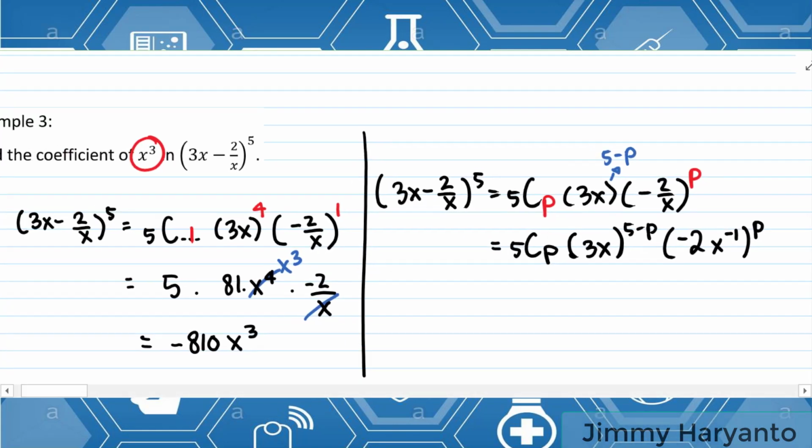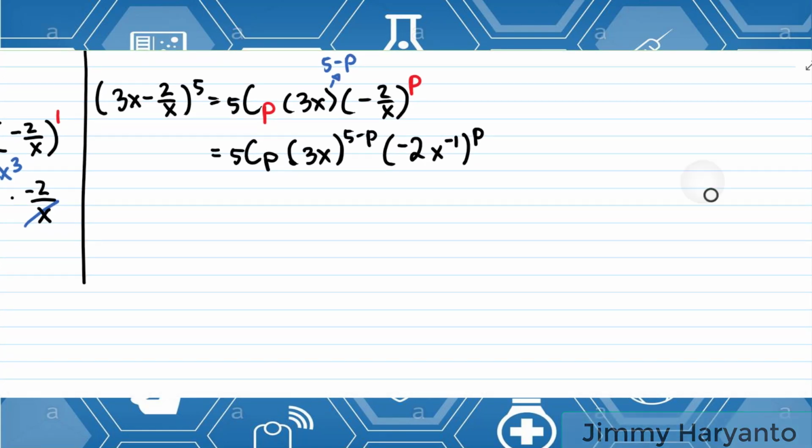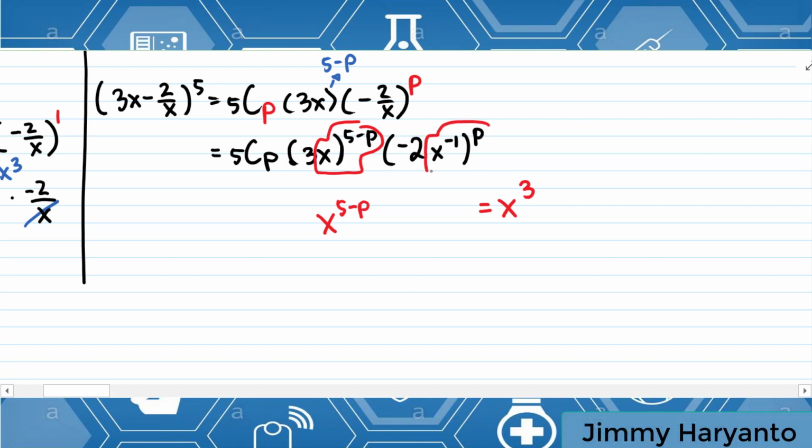Okay, the question wants us to find x cubed. So I can tell that for this one, it's x to the power of 5 minus p, and for this one, the operation is multiplication, so I will write times x to the power of negative 1 to the power of p, negative p.